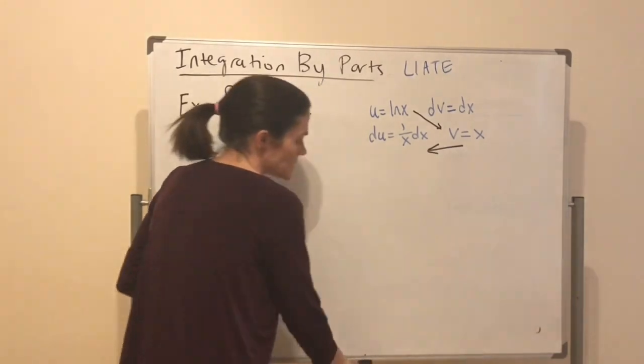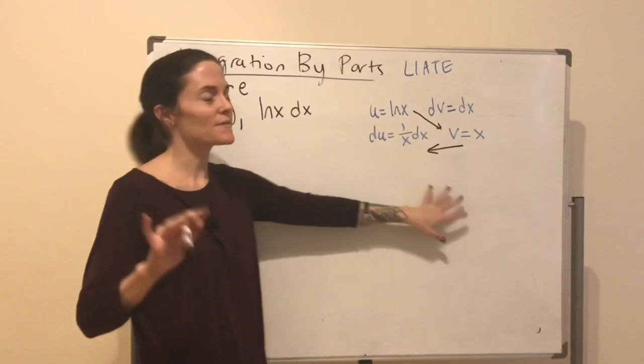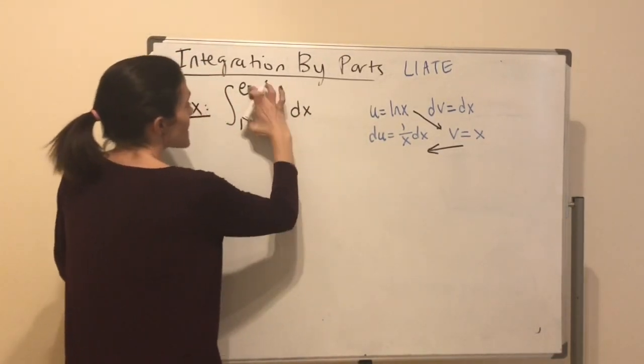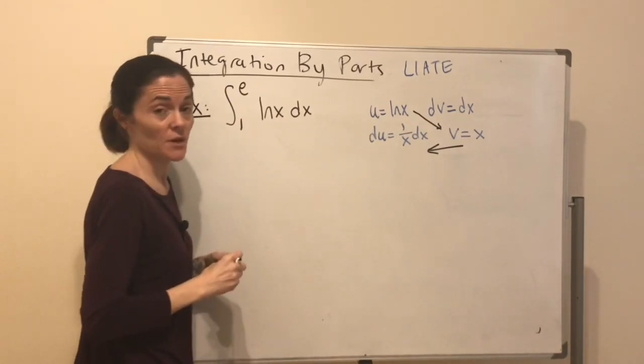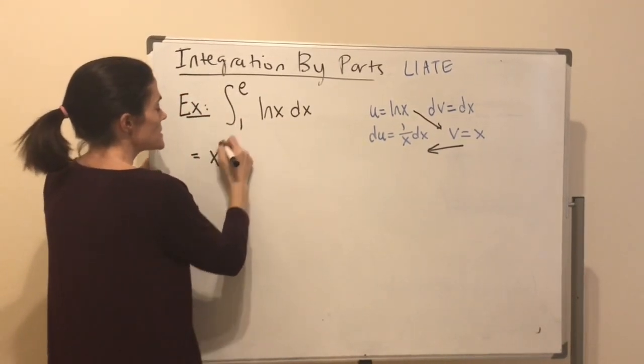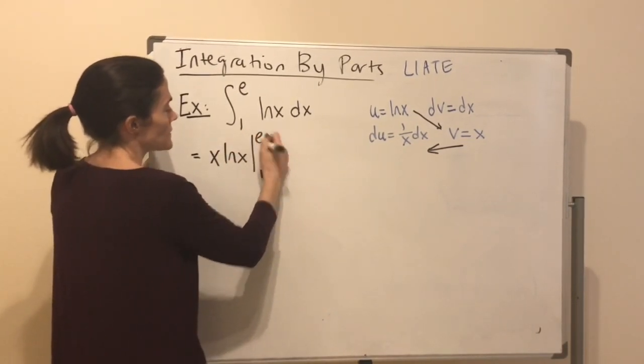Except it's definite. So one thing you could do is come to the side and calculate an antiderivative, but I will just work with the fact that I have upper and lower limits of integration in the problem. So this is going to be x ln x, evaluated from 1 to e, like this.